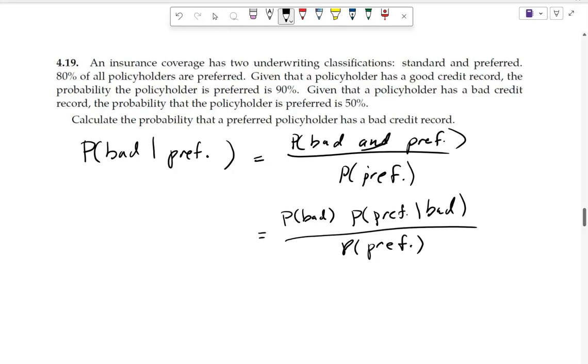What pieces can you fill out? The preferred given bad is what? Given that it's bad, it's 50%, so 1/2, good. Probability that the policyholder is preferred, 8/10. Good, because I didn't have to split that one up. They told us that, right?